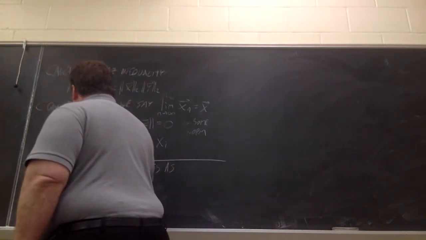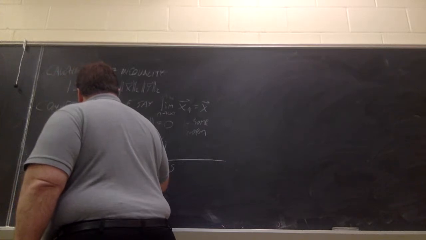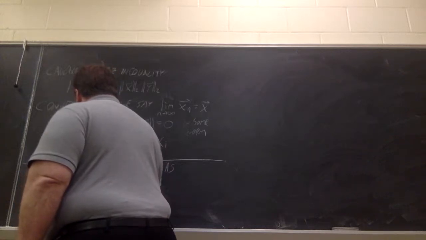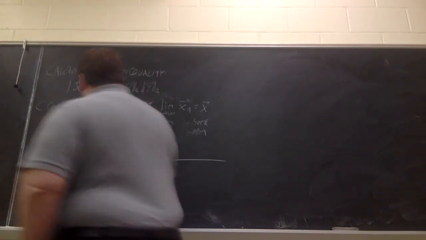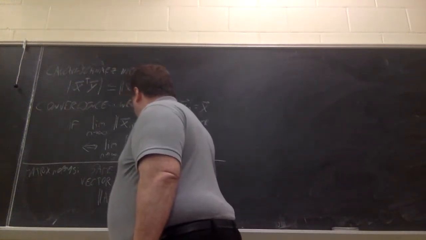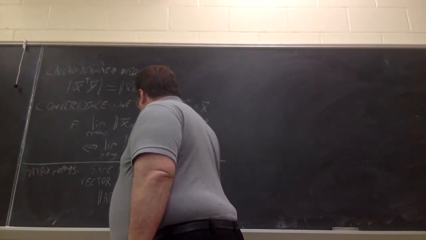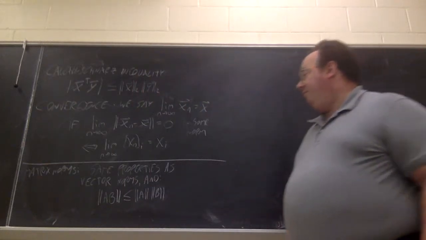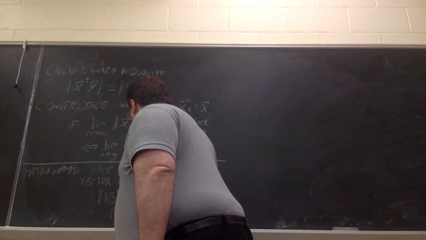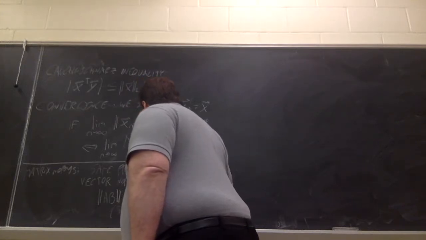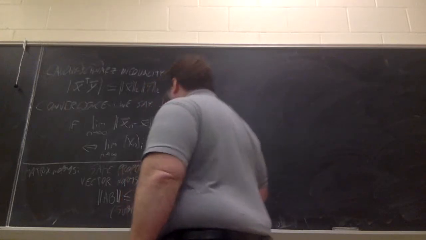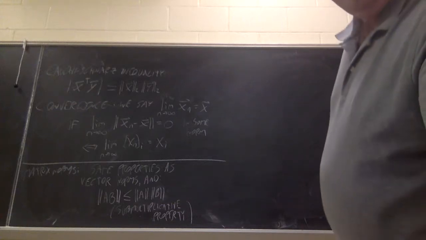But there's one other property that I'd like to add: if you have the norm of a product of matrices, it needs to be less than or equal to the product of the norms. That is called the submultiplicative property. Not that I'm ever going to quiz you on the name, but this is very nice for proving various things involving matrix norms.